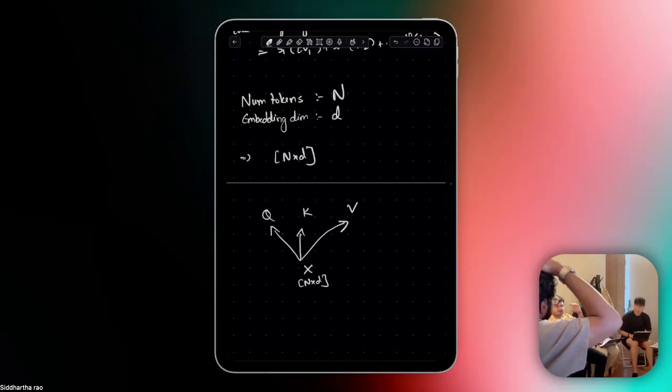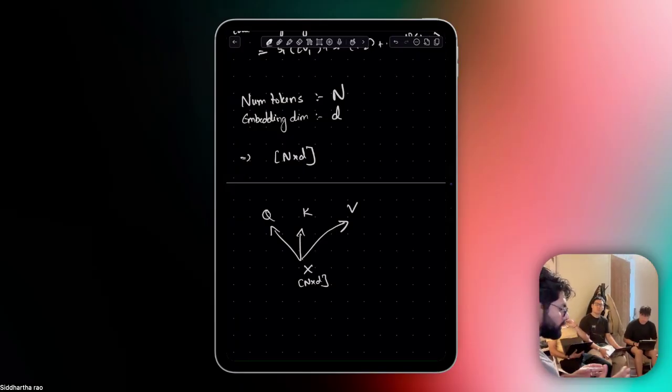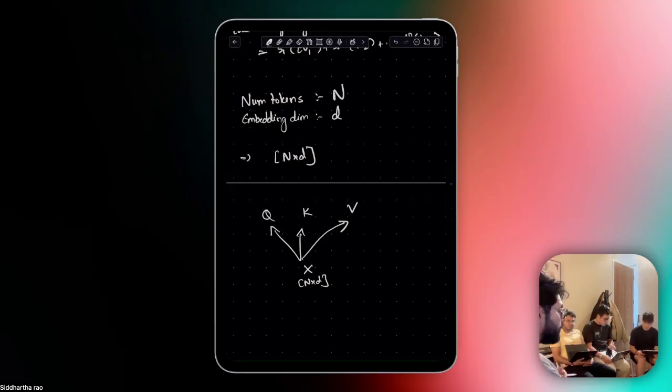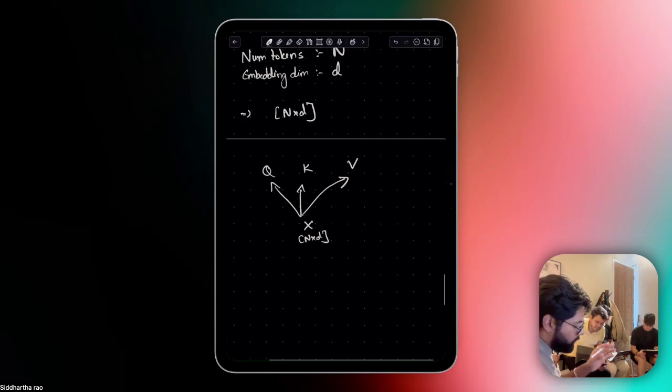The querying part is controlled through QKV. There's a nice intuition around attention itself. It's called self-attention because all of these terms are operating on the tokens themselves. We'll see that.